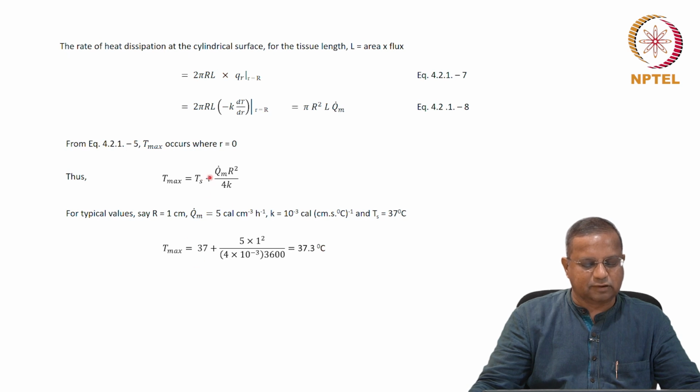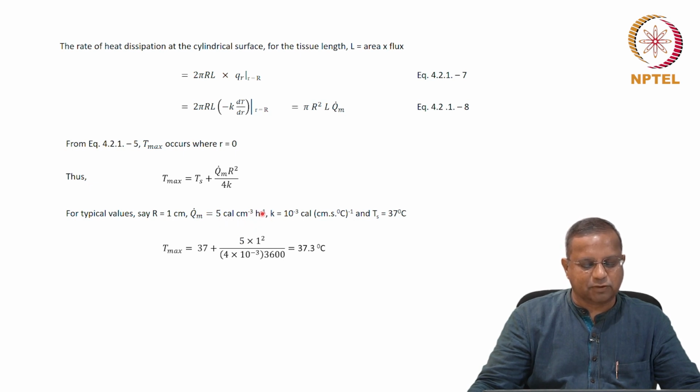Ts is 37, Qm dot 5, all in consistent units here. Therefore, everything should cancel out to give you temperature. So, Qm dot R squared by 4 times k, and then there's a conversion from hour to second and so on. That's the reason why this 3600 comes in. This is calories per centimeter cubed per hour.